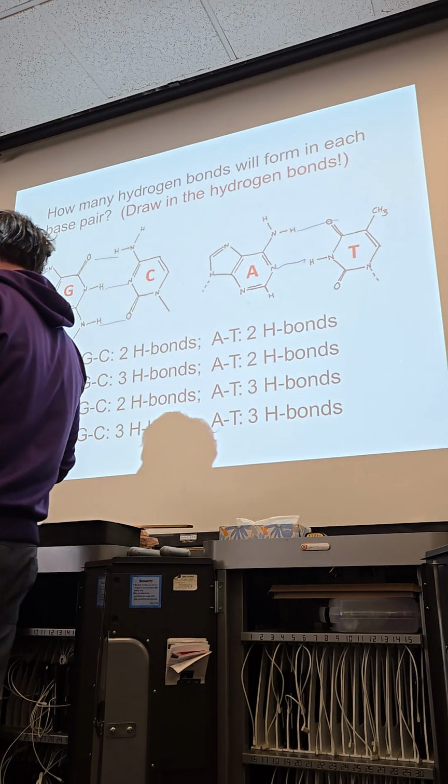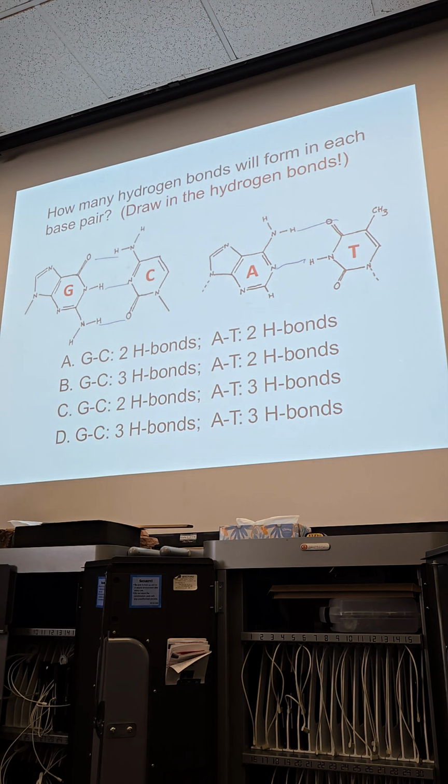If I have 8% of my DNA strand is G, how much is C?